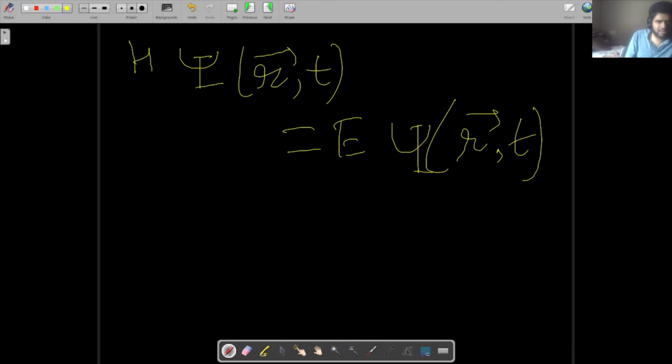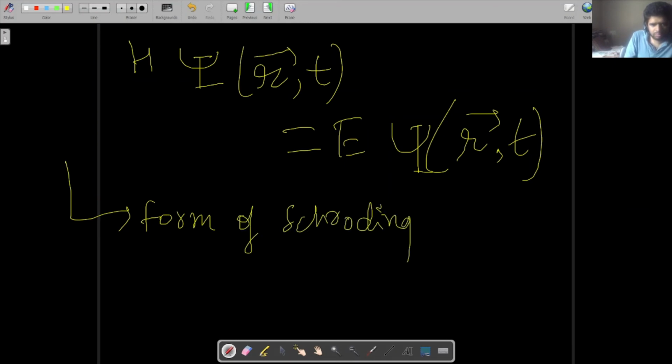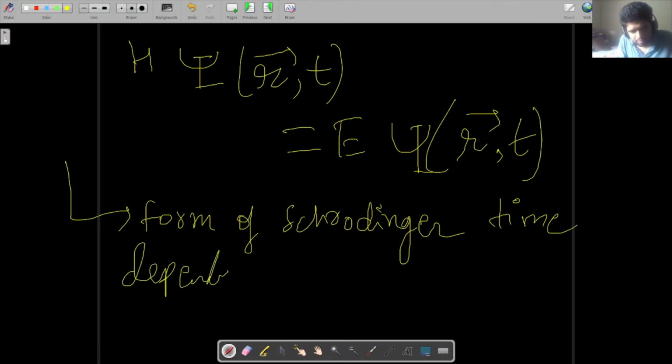So this is basically the form of the Schrodinger time dependent equation. In this form the Schrodinger time dependent equation is written.